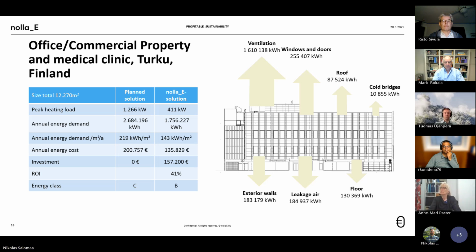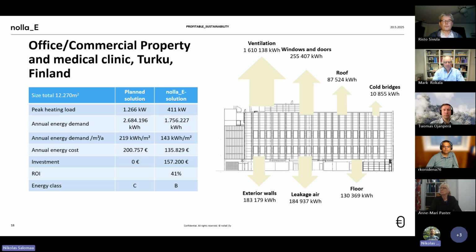But before they sold it, they ordered us to do this study for this property, and we found energy efficiency measures that added up together for 157,000 euros.